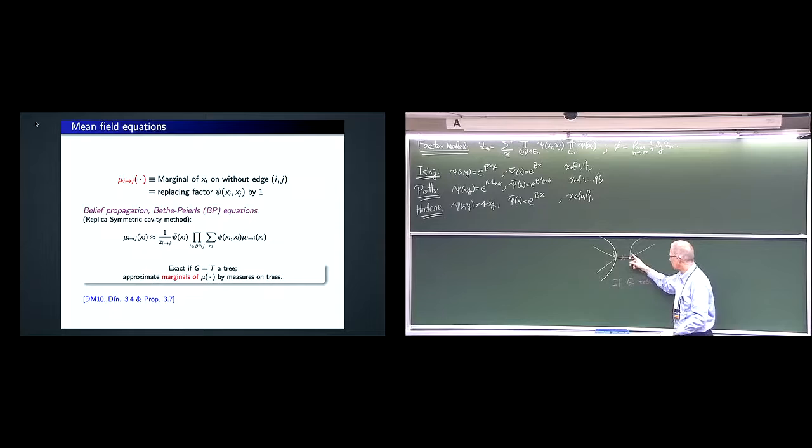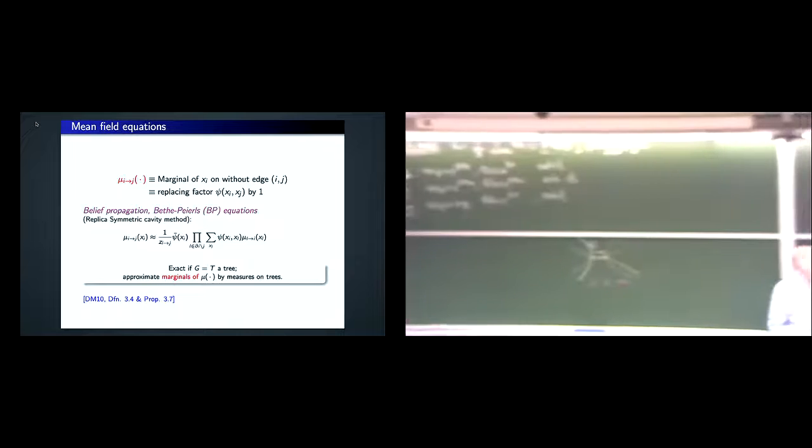So as far as this side is concerned, I can make the calculation, and all that matters is the value of xi. I can take the whole sum, all the probability, all the configurations on this side which end up with xi here, normalize, and send it to this guy. This is mu I goes to J of xi.